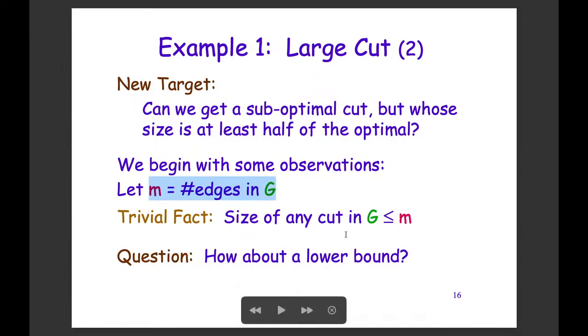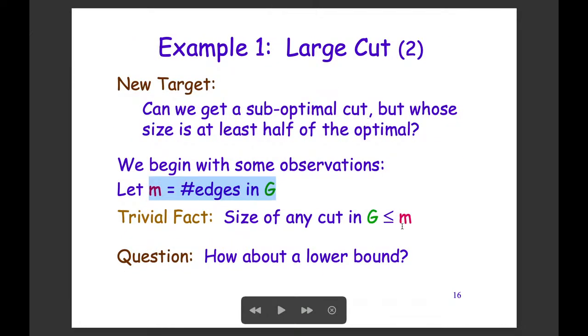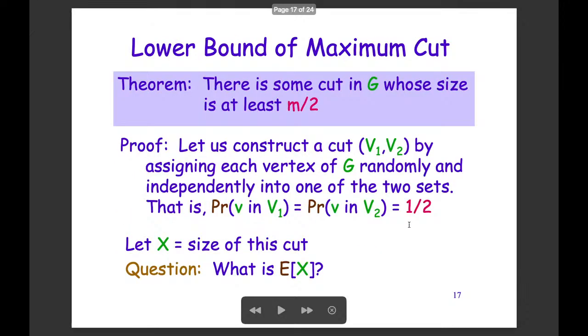Now we have a theorem that talks about the lower bound of a maximum cut. The upper bound, we know, is m, the total number of edges. But we can also know that there must exist some cut whose size is m/2 or more.